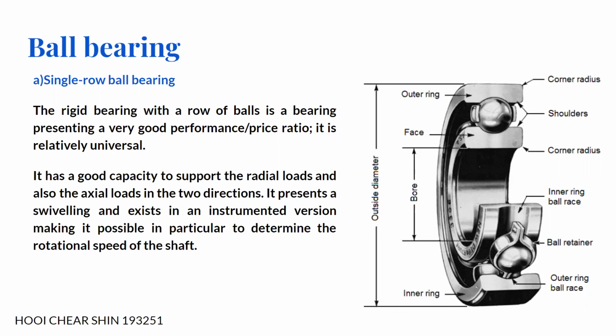It is relatively universal and has a good capacity to support radial loads and also axial loads in two directions. It also exists in an instrumented version, making it possible in particular to determine the rotational speed of the shaft.